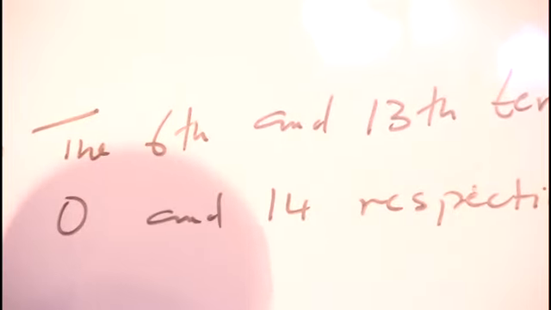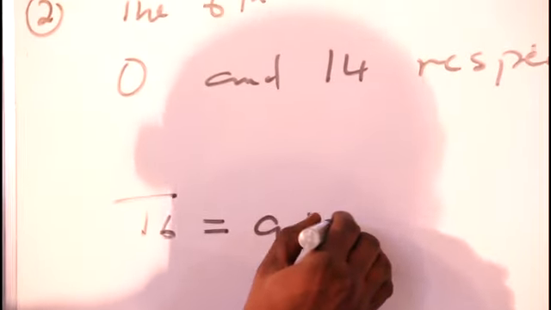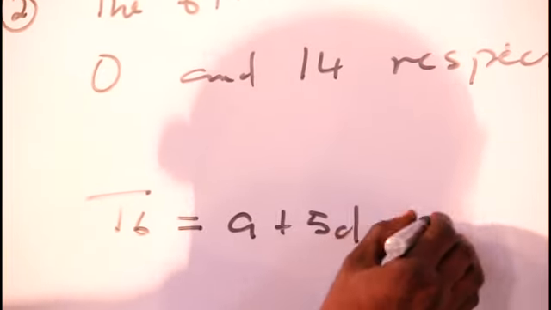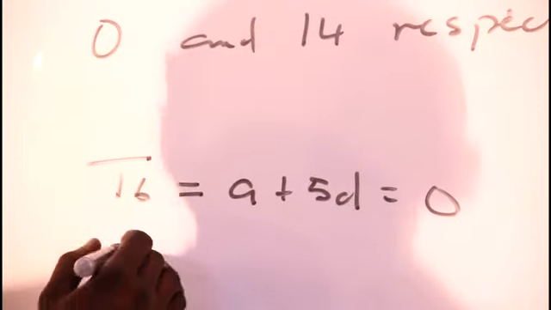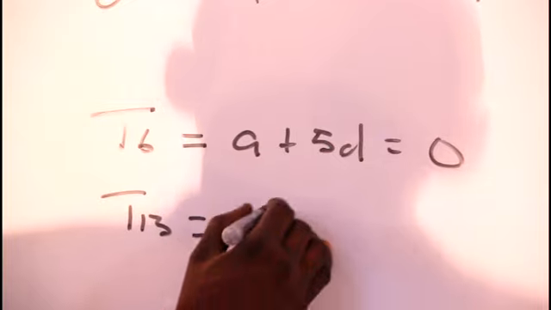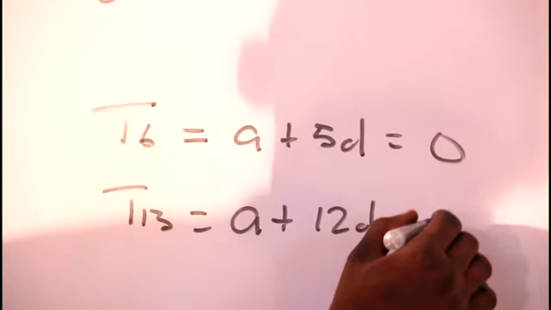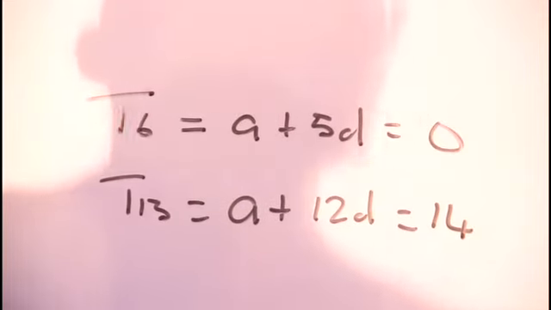So look at this. I will now have my T6. T6 is actually given by A plus 5D, and it is equal to 0. Then T13 is actually given by A plus 12D, and it is equal to 14.